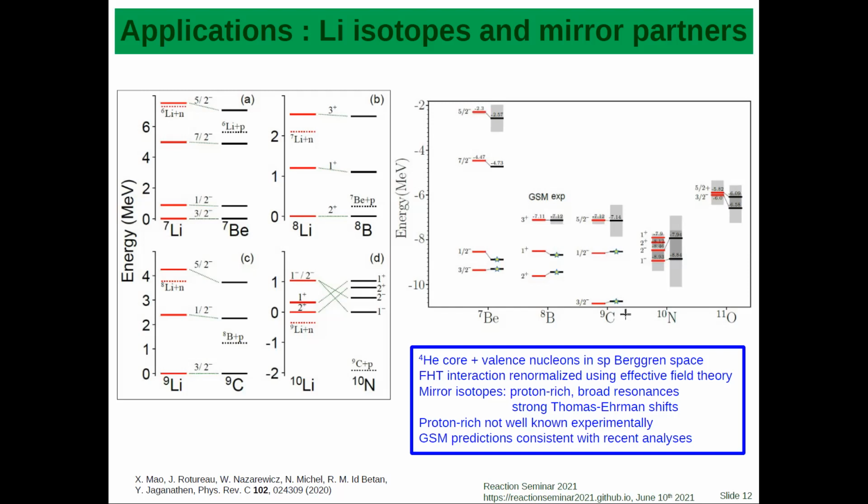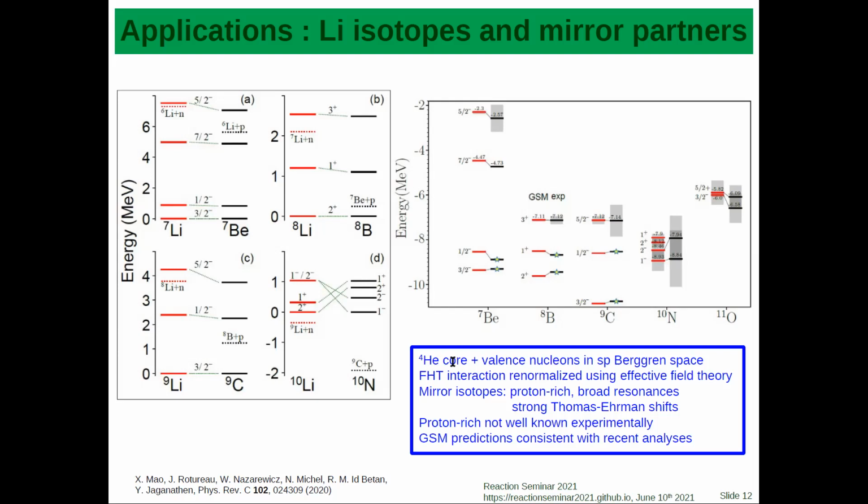We can see here that one could calculate two kinds of states, the lithium isotopes and their mirrors, which are proton-rich and which are broad resonances. Then we can see that we have a strong Thomas-Ehrman shift because, as we can see here, the states are very different. The spectrum is very different when going from neutron-rich to proton-rich.